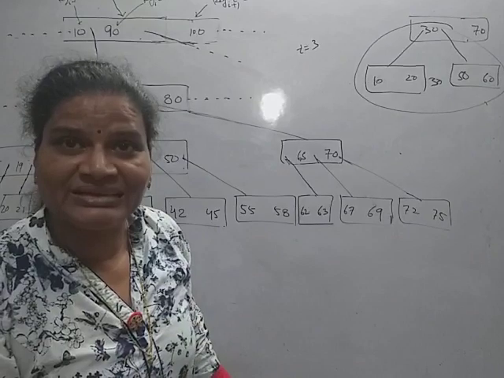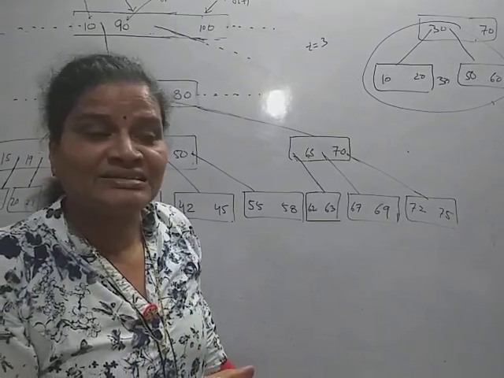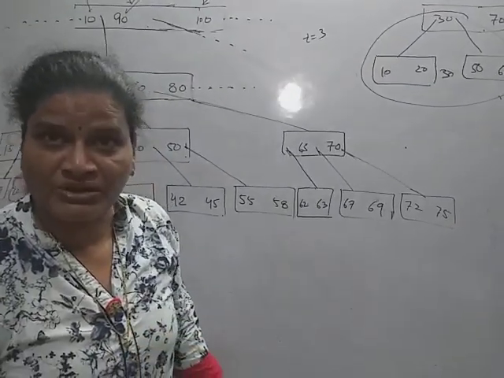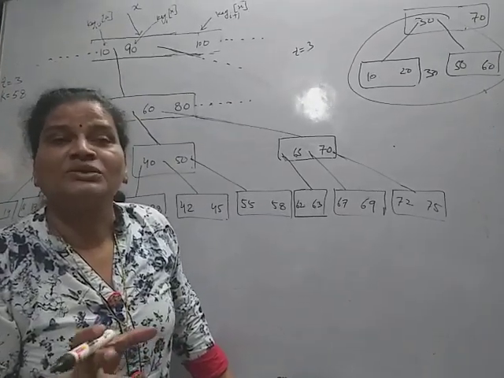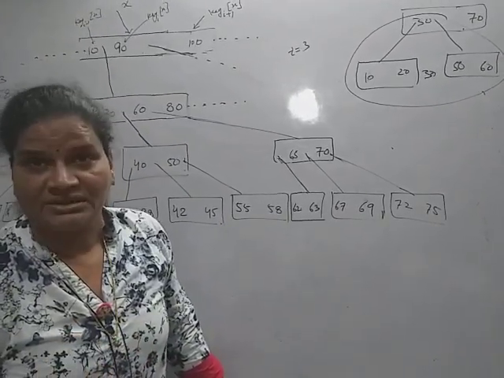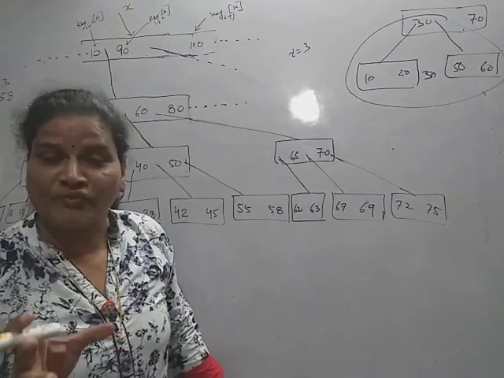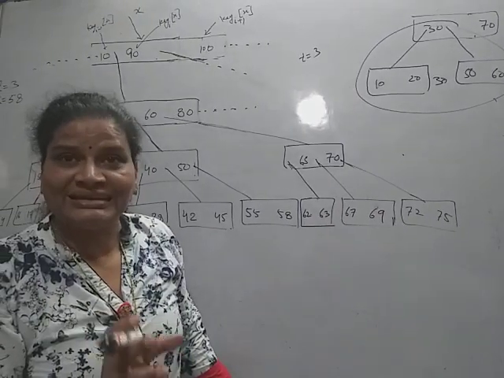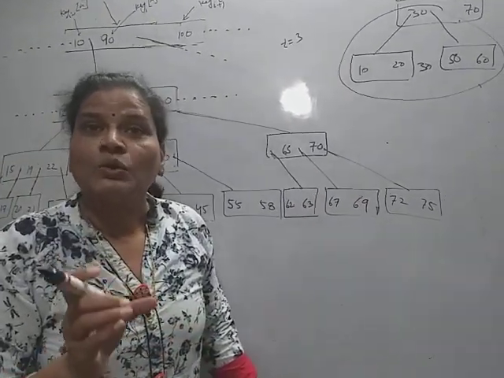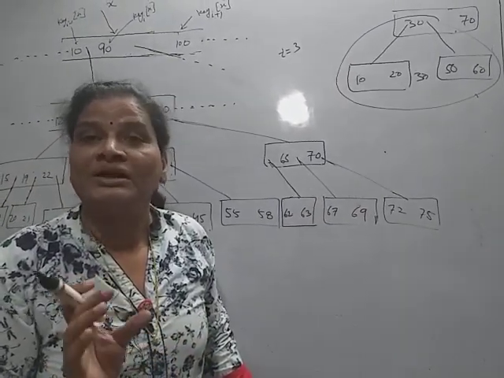What we do in the case of insertion is we split the full node in order to maintain the upper bound condition of B tree. Here when you are deleting, then we have to maintain the lower bound property of the B tree.